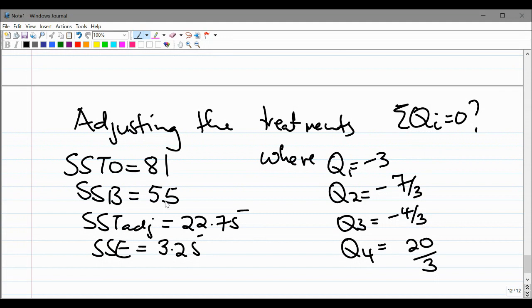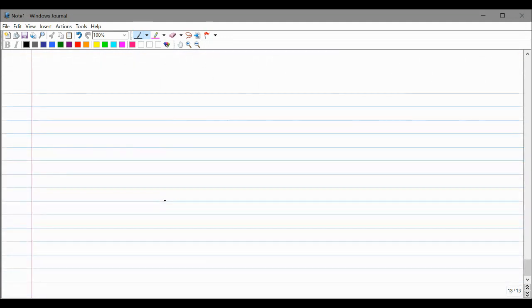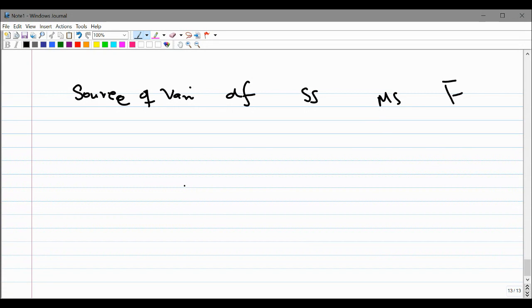Let's construct an ANOVA table. Our ANOVA table will have source of variation, degrees of freedom, sum of squares, MS, and F. So treatment adjusted, we usually write it as treatment adjusted because that's what we have adjusted.